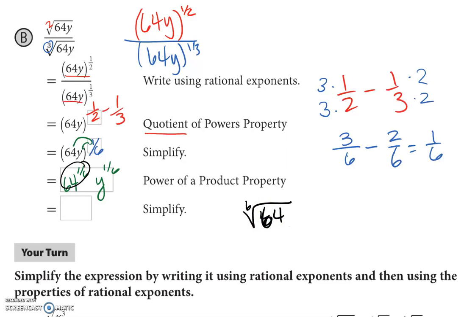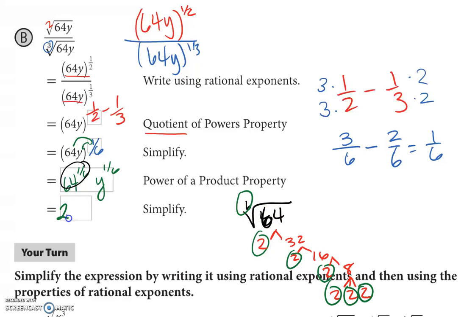If we break down 64, we would have 2 and 32, and 2 and 16, and 2 and 8, and 8 is 2 times 2 times 2. So when you're talking about the 6th root, you're talking about 2 that repeats 6 times. So the 6th root of 64 is 2, and so I have 2y to the 1/6.